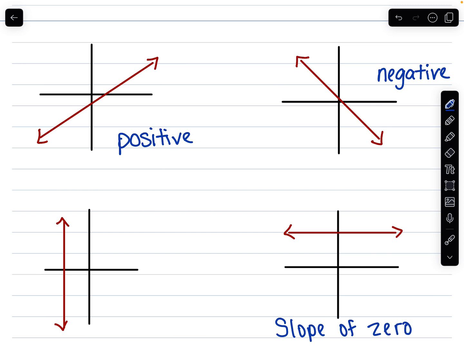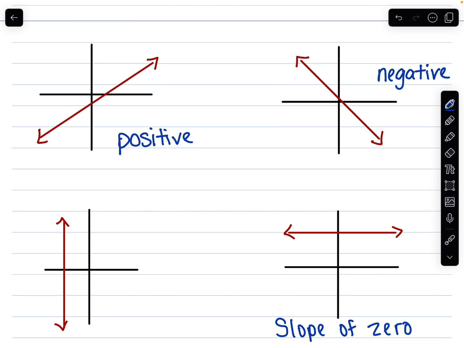Now, the reason that is because when we talk about slope, slope is the change in y over the change in x. Well, does this y value ever change? Yes or no? No, right? This y value stays the same every time, so that change would be 0 divided by anything. Well, what's 0 divided by anything? 0, okay?